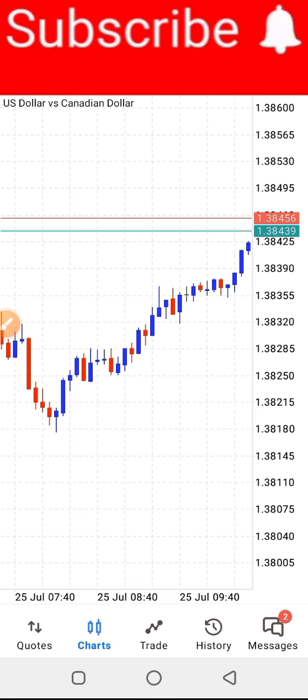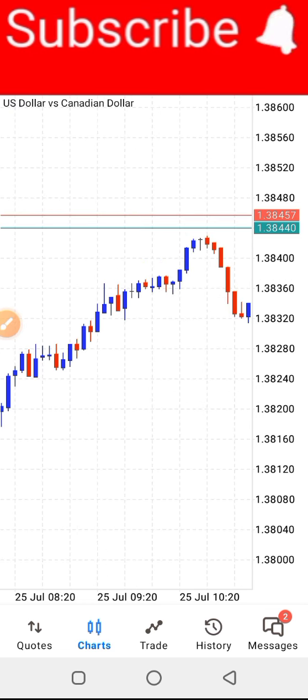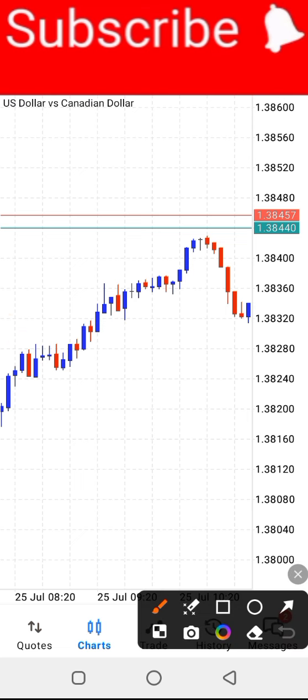This one is such that you have to use the previous day zone. So what do I mean by this? There is always an unmitigated zone every single day. It now depends on whether you can find it or not. You know about supply and demand zones, right? These are zones where price is expected to react from.